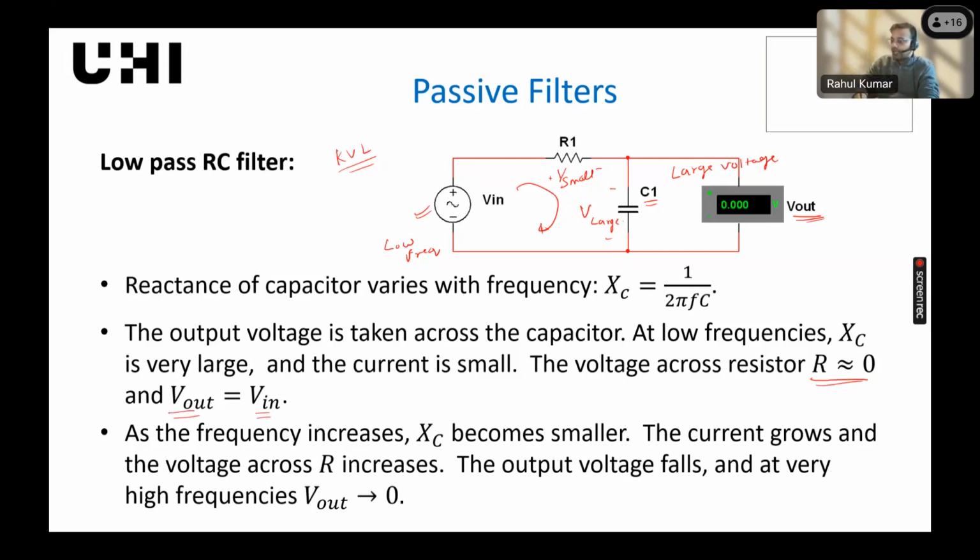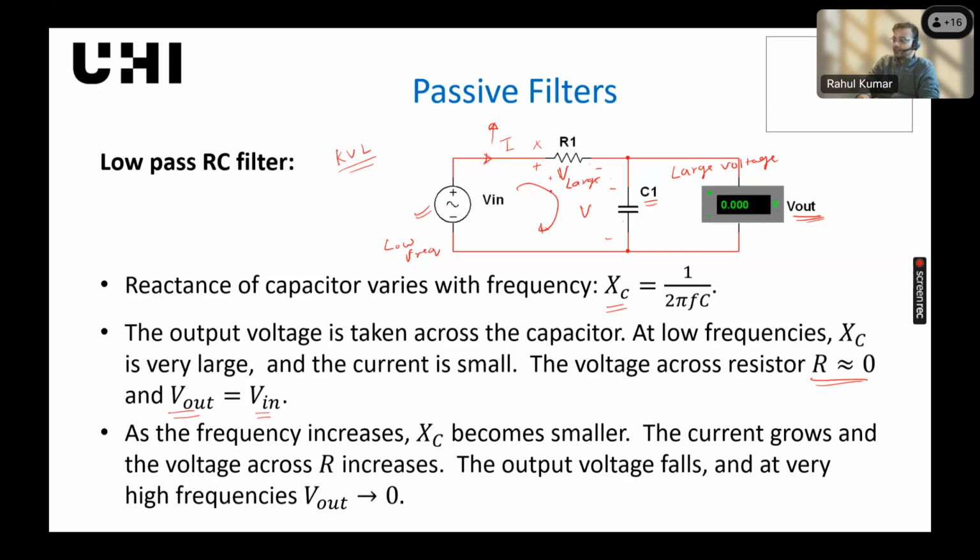At high frequencies, the reactance XC becomes small. So the current flowing through the resistor will be large. It will increase, so you will have a large voltage drop. Again, according to Ohm's law, V equals IR, if you have a large value of current flowing through this resistor, you will have a large voltage drop across it.